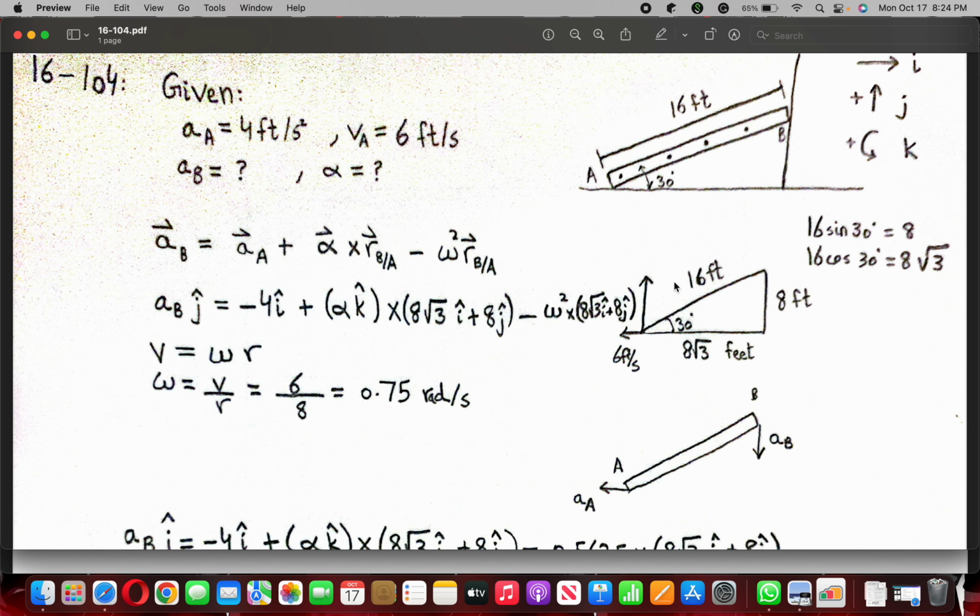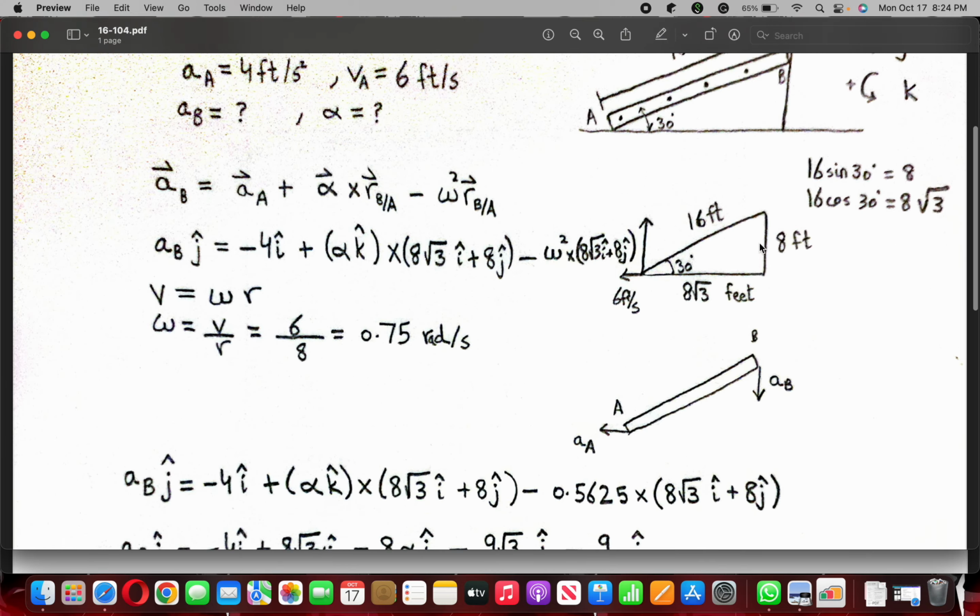For omega we have to keep in mind that the movement is vertical, so we take the vertical component, because omega has K and V is in the I direction, and R should be in the J direction. That's why we took the vertical distance.